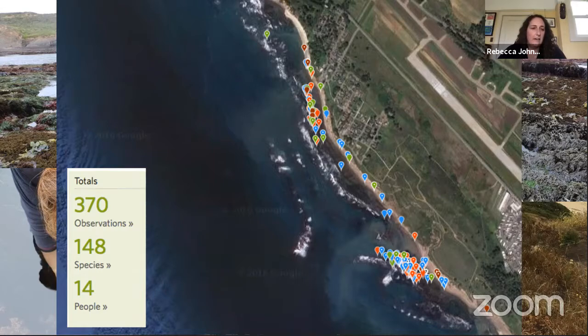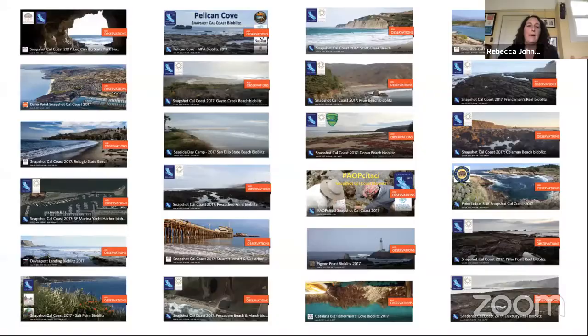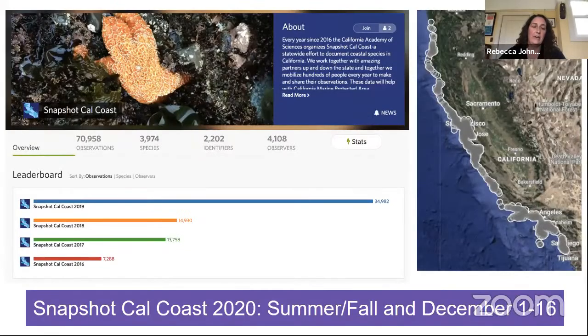And when Snapshot CalCoast is happening, this, next slide, Gio, is happening up and down the coast. So if you imagine this happening all at the same time in different ways, but all up and down the coast. And this is how we collect local data that's important to people about their beaches and their backyards, and then we string it all together to get a picture of what's happening across our entire coast.